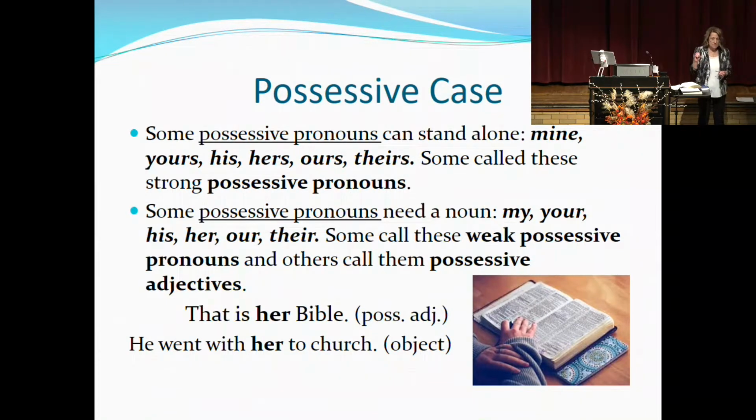We look at these very methodically and grammatically when we find out how they're being used and how we can identify them and their function in the sentence. If you look at your chart that I gave you last week, you'll notice that his is on both lists of strong and weak, and it can take those forms as well. So I just wanted you to be aware of that.